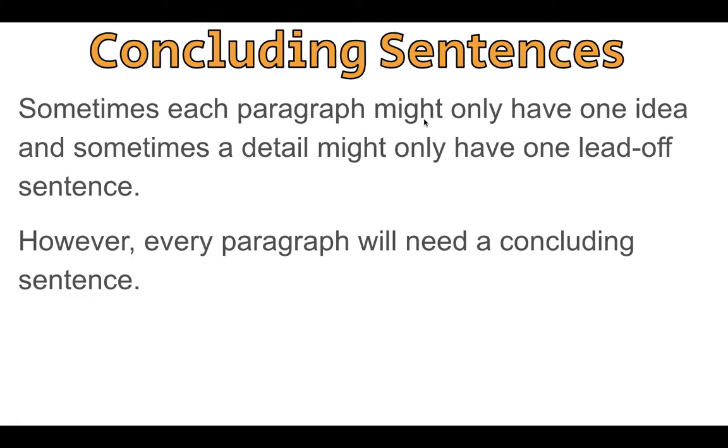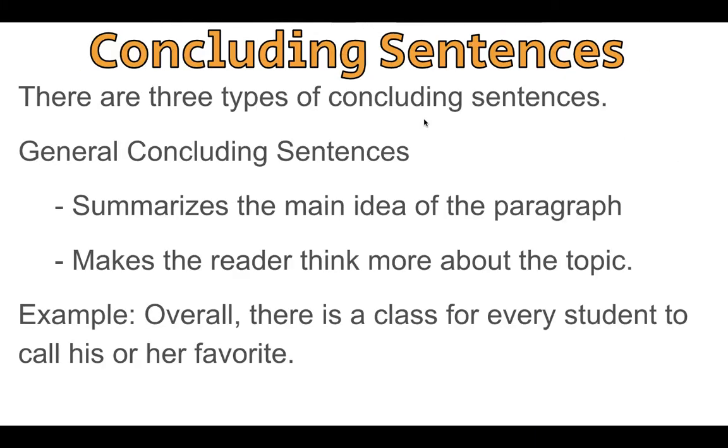In this one I say overall, that's a concluding transitional word. Overall, there is a class for every student to call his or her favorite. I did not say there are three classes. I didn't say the names of the classes, so this one's a general one, okay?